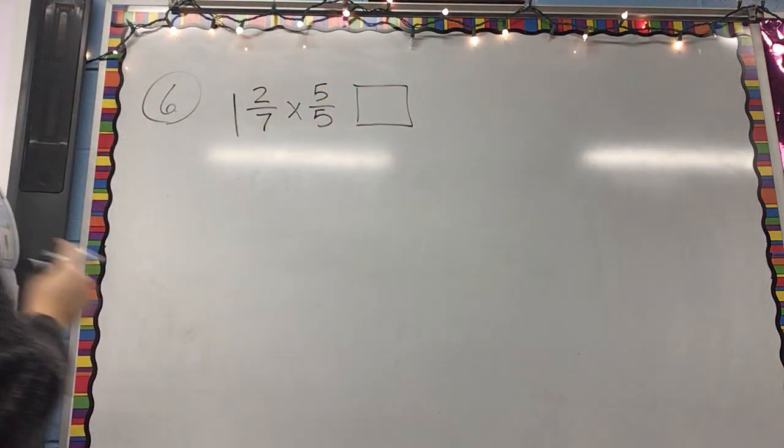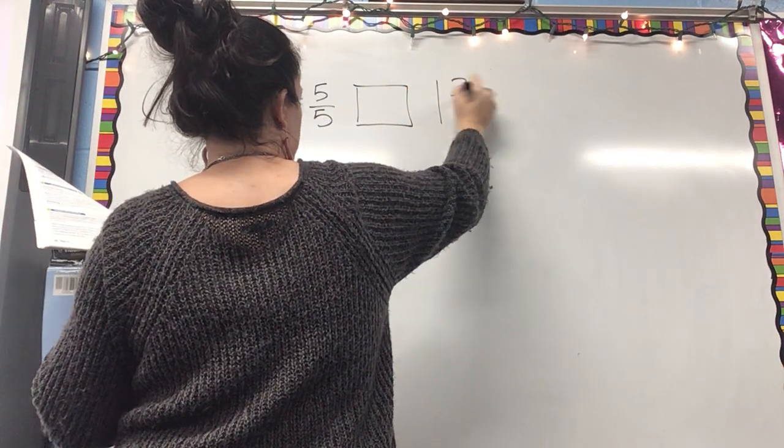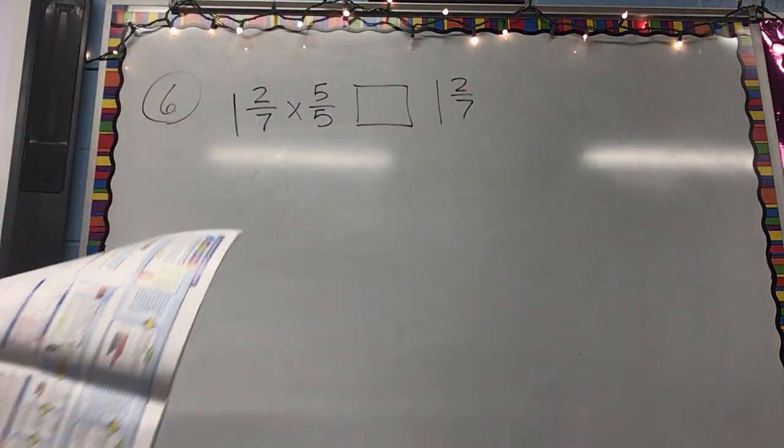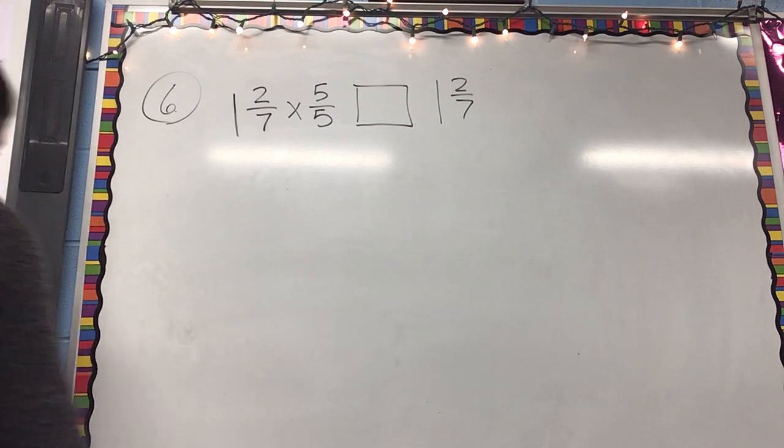Our blank box for our symbol. 1 2/7. This should be mental math. You should be able to look at it. Fill in your symbol.